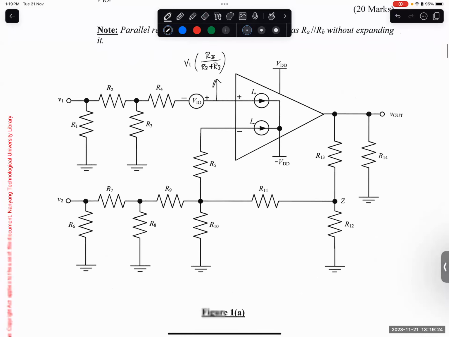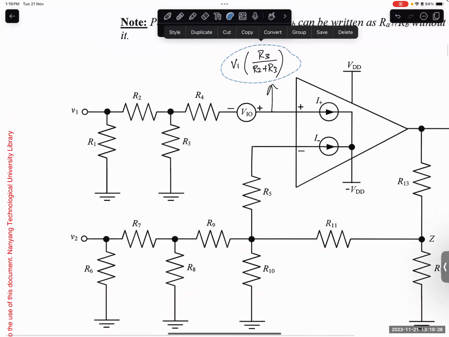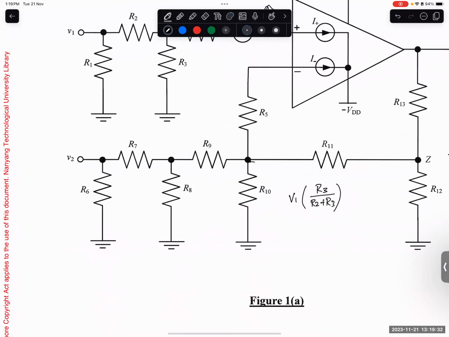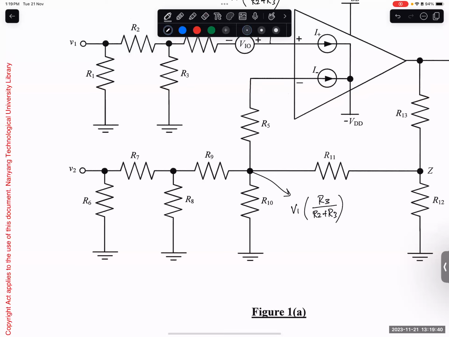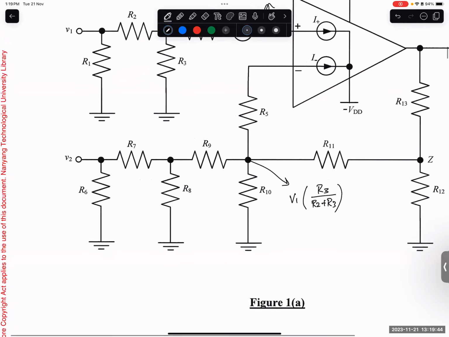Okay, so we got this voltage. This voltage is actually the same here, correct? Because I equals 0 amps.